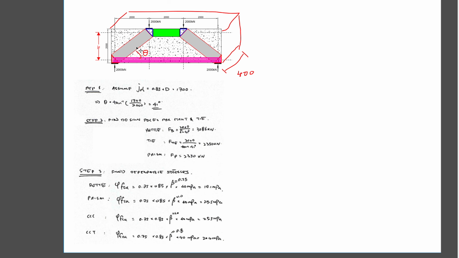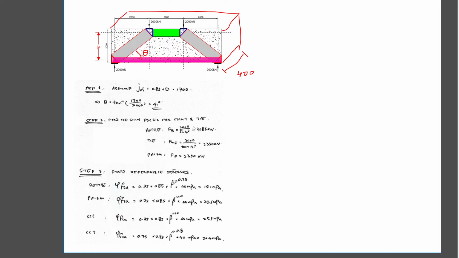We've got a connection between the bottle struts and the prism struts, and in between them there is this little triangle. We need to find the allowable stresses for these little triangles so we can design the reinforcement.